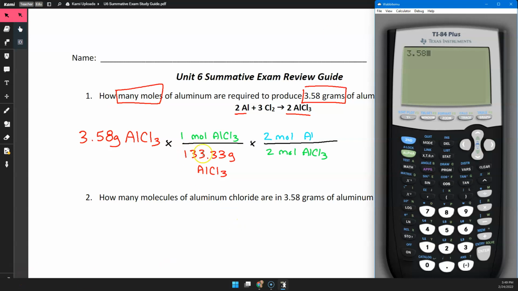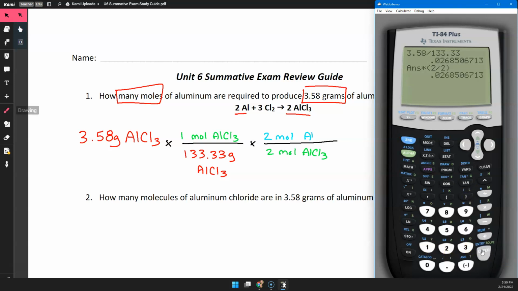Now, the 133.33 is in the denominator, so we're going to divide by 133.33, and I'll hit enter. The second step is 2 over 2. We're going to multiply by 2 over 2. It's kind of silly because 2 over 2 reduces down to 1, and any number times 1 is just that number, so we're going to get the same thing.